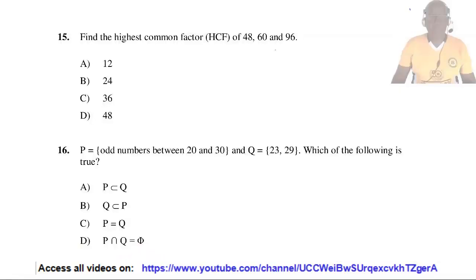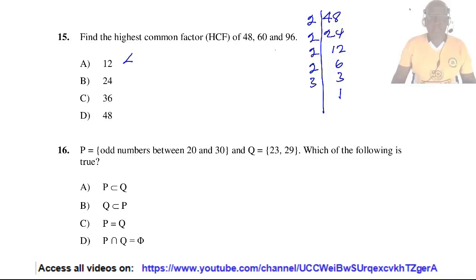Question 15. Find the highest common factor, HCF, of 48, 60, and 96. We shall first find the product of the prime factors of 48, and then 60, and then 96. So 48: 2 goes here 24, 2 goes here 12, 2 goes here 6, 2 goes here 3, 3 goes here 1.